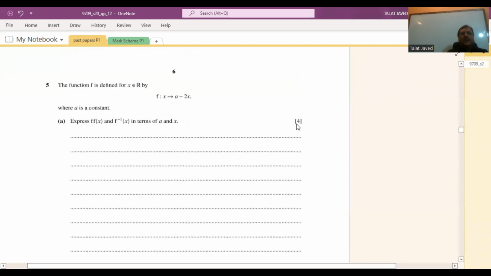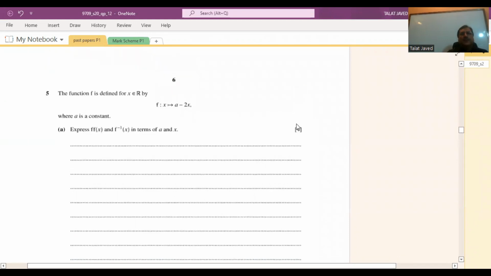Now let's move to question number 5. This question is about functions. It is given that f of x equal to a minus 2x. First of all, we have to find ff of x, which means applying the f function on x twice.